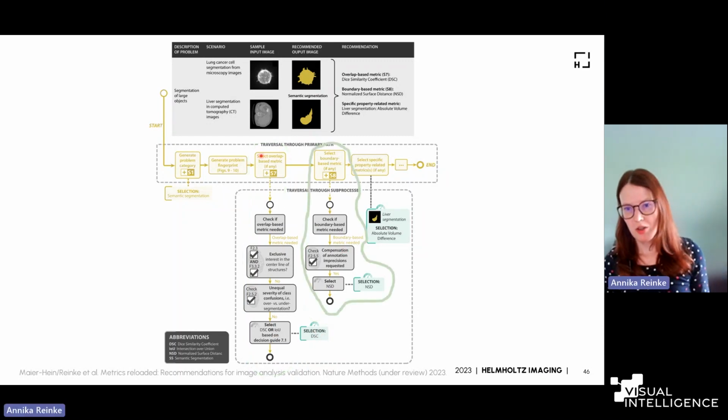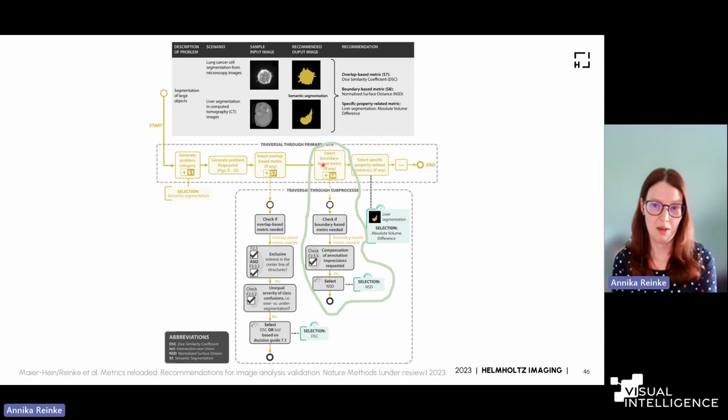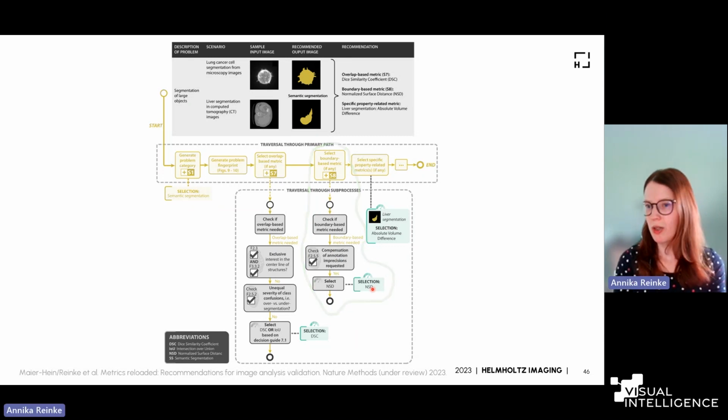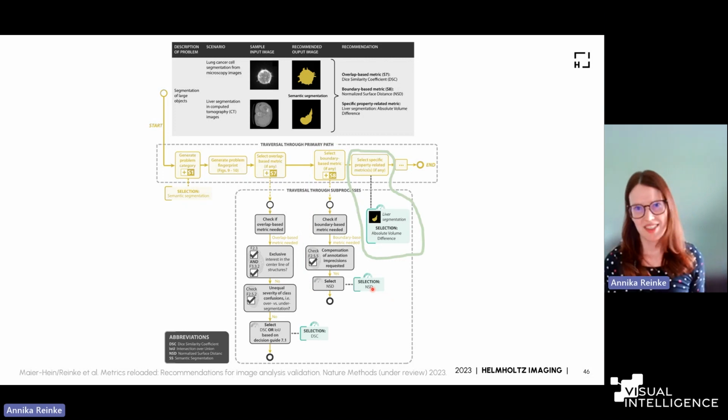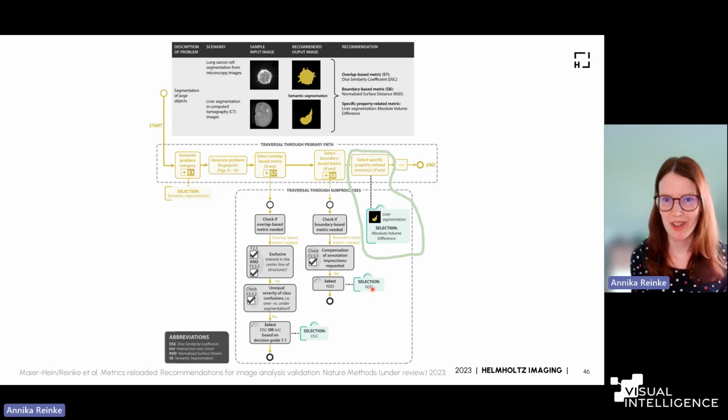Then we're going back to the main process, selecting a boundary-based metric, so measuring how good the contour of our prediction is. Again, we're asked different questions of the fingerprint and selecting our metric. And finally, we have one more step, which we call select specific property or application-specific metric, because we just cannot include all possible metrics that exist out there.